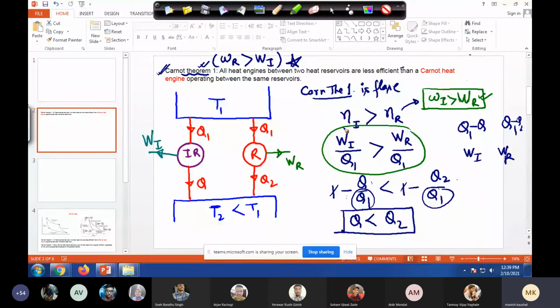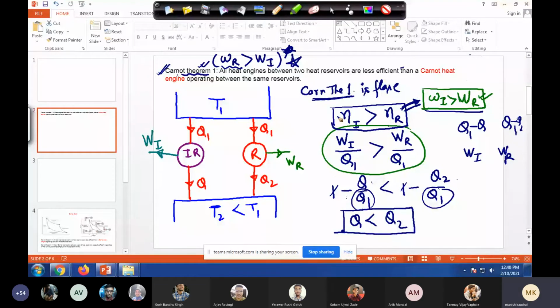When you say this statement is wrong or Carnot theorem is false, either you say eta I is greater than eta r or Wi is greater than Wr, both are the same thing. We are discarding it. If you are discarding it, then the reverse is correct. So either you write this or this, both are the same. Is it fine, Anik? Does it make sense? Nidhi, is it fine up to this point?